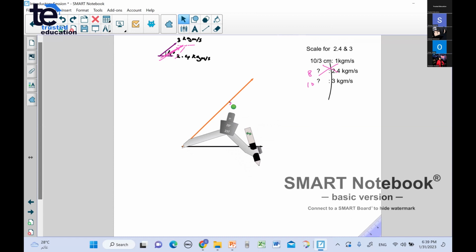Now, I've got the first vector, and I need to take the second measurement also. I know that the compass may not be able to. Okay. This is the maximum of my compass here, but of course your compass will be able to take another arc.